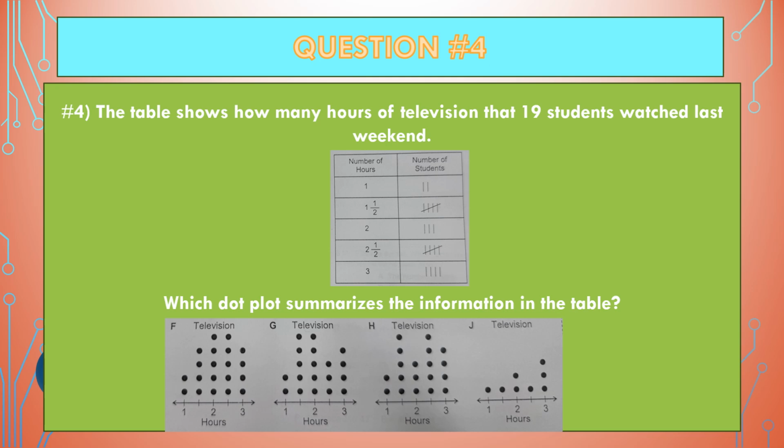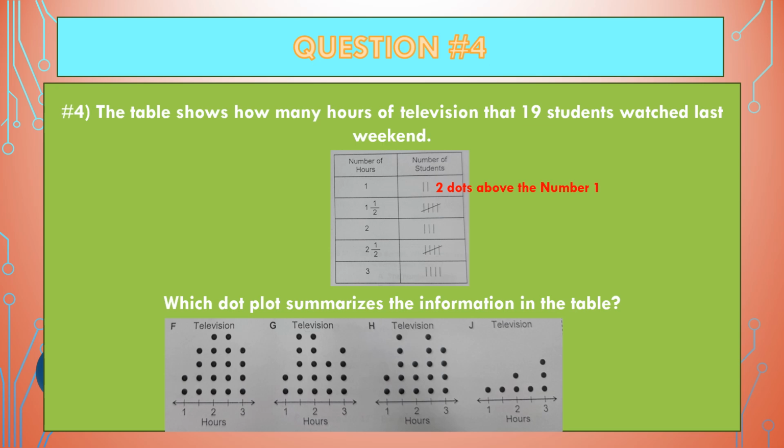Time to model question number 4. Now, it says the table shows how many hours of television that 19 students watched last weekend. So if we look at the table, it says number of hours, number of students. So on the first line, the number of hours, 1. So how many students watched television for 1 hour? 2. So that means that I should have 2 dots above the number 1.